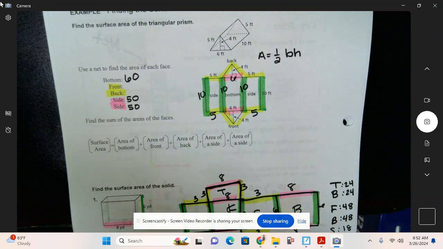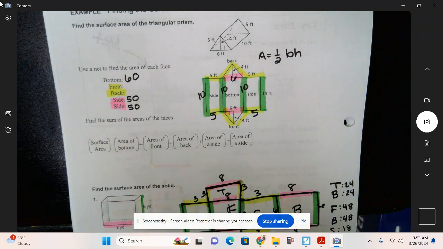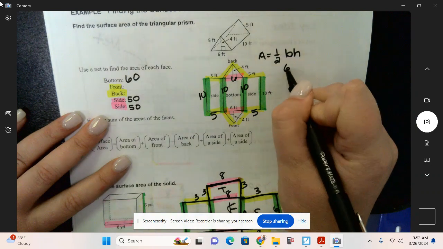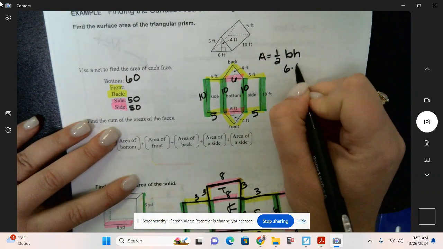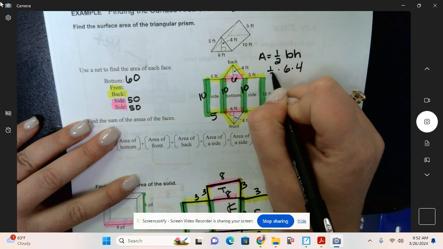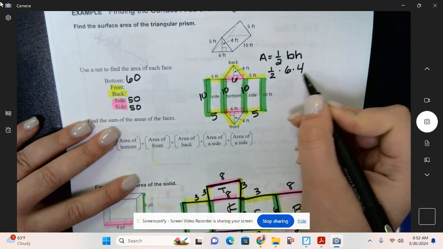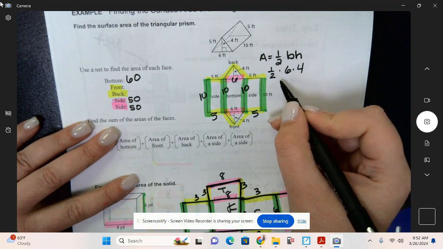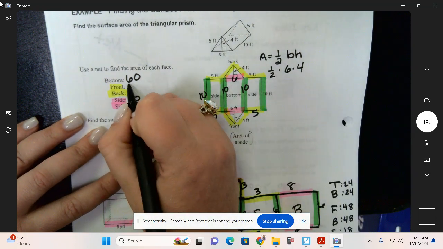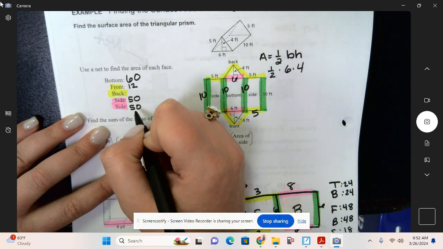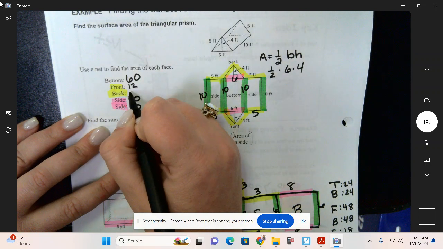Either one that you decide. What is the base of the triangle? What is the height of the triangle? So 6 times 4 is 24. Half of 24 is 12. So if the front is 12, the back is 12.